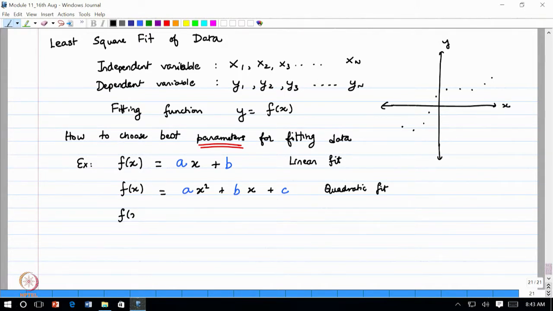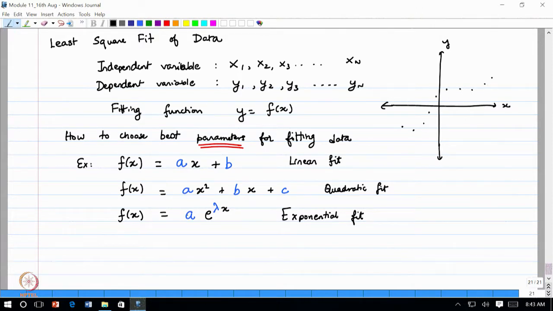You can do, for example, f of x is equal to a, let me show the parameters in colors, a e raised to lambda x. This is an exponential fit. You can actually take any function.